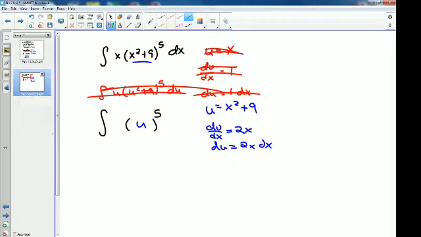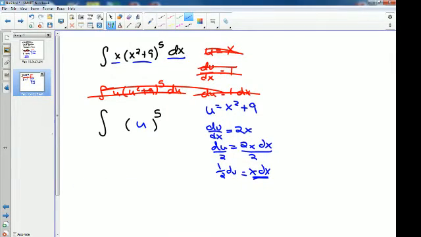Does this match that exactly? No. What can we do to make them match perfectly? Divide by 2 here, yeah? So if we're going to divide by 2, 1/2 du is x dx. Now it matches, right?